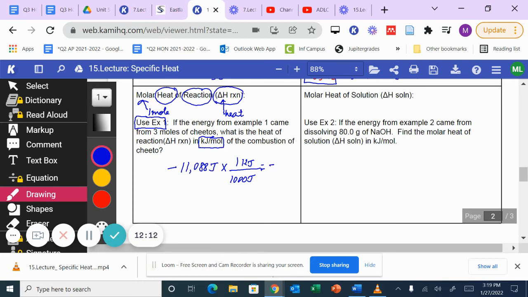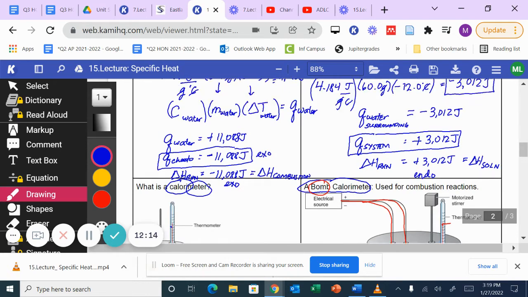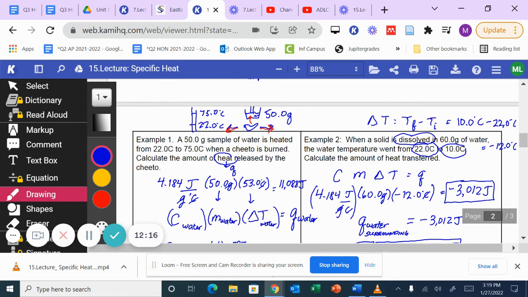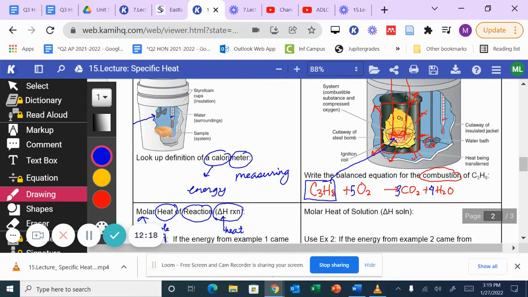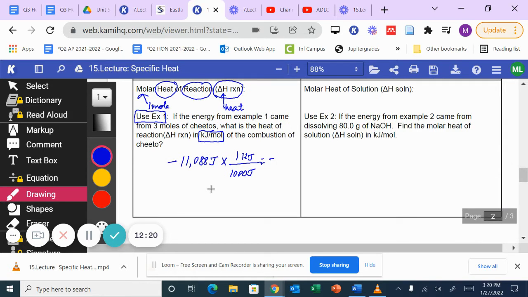I'm going to use 3 sig figs because there are only 3 sig figs in the 50.0 grams. So negative 11.1 kilojoules. That is for 3 moles of Cheetos.